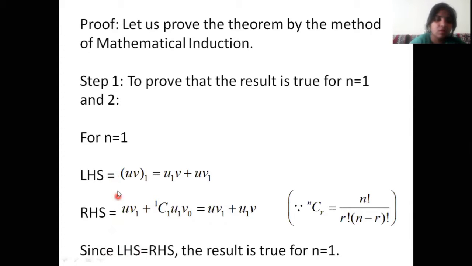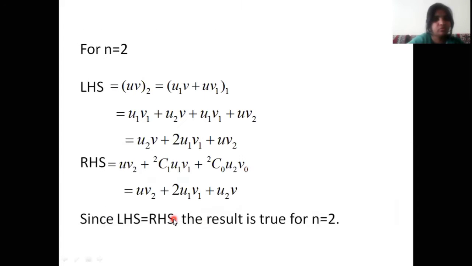You can compare these two, LHS and RHS, both are the same. Since LHS equals RHS, the result is true for n equal to 1. So the statement holds for n equal to 1. Let's move on to n equal to 2.